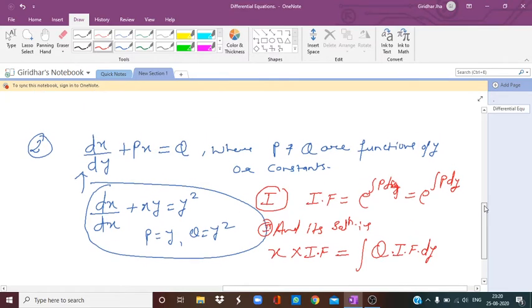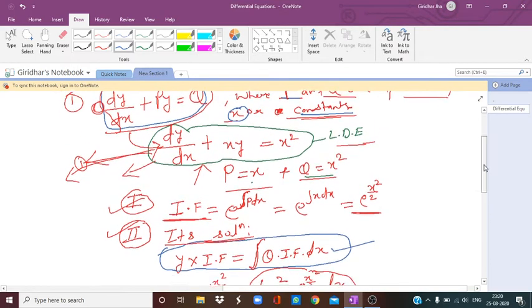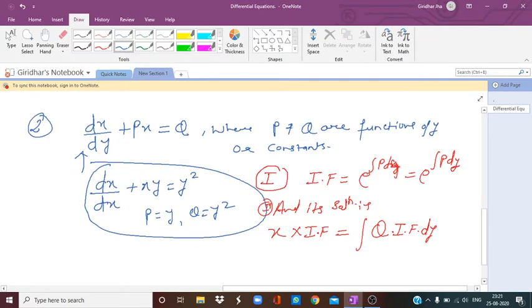In the previous one it is y into IF. See, in the previous form the solution is y into IF equals integral of q into IF into dx, because p and q are functions of x, for the form dy by dx plus py equals q. In the second form, dx upon dy plus px equals q, where p and q are functions of y, e to the power integral p dy is the integrating factor, so q into integrating factor into dy, correct? So in both forms, one thing is common: you have to calculate the integrating factor.